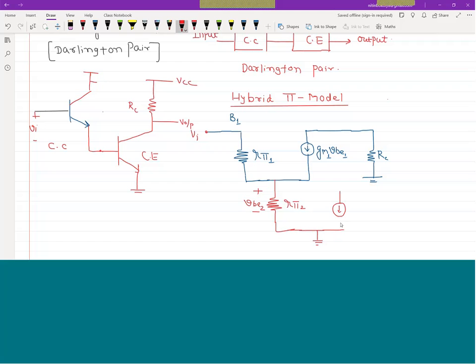Then this is GM2 into VBE2. Then we are having one resistance which is RC.